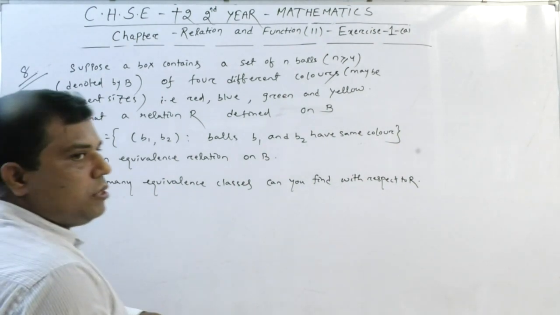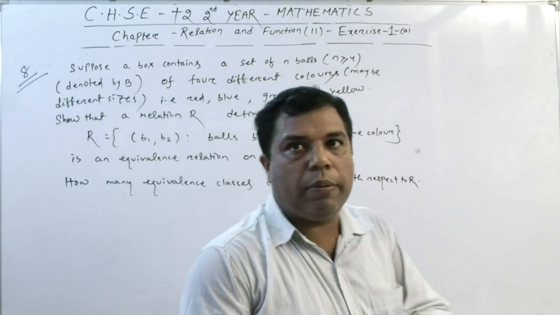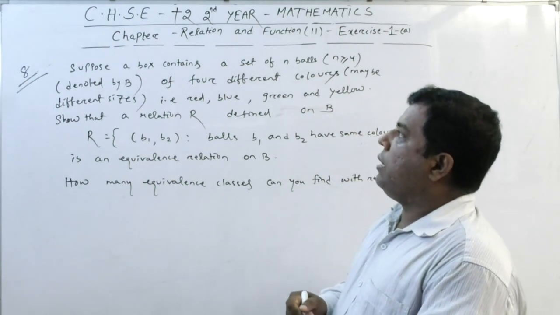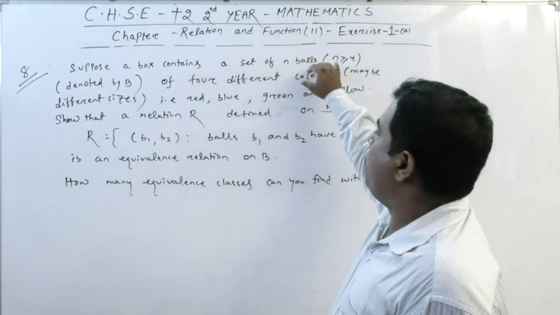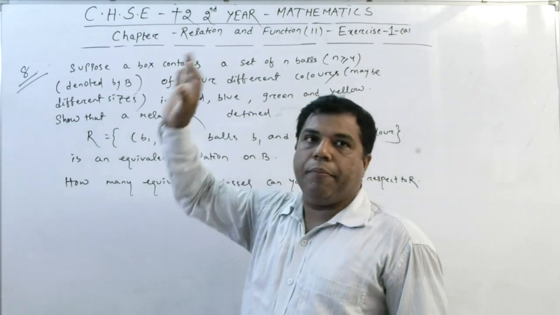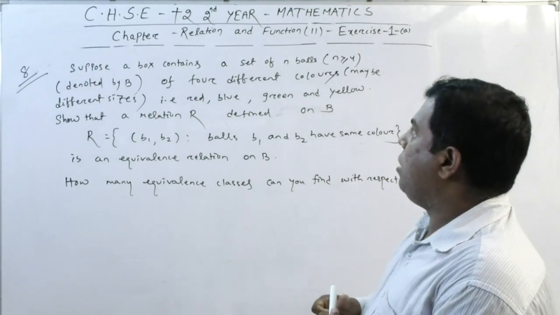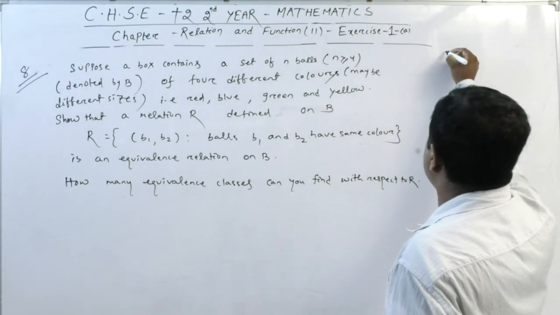Now, my dear students, we are going to discuss this question. The question says there is a box containing a set of n balls which is denoted as B. So B is the set consisting of n balls. I am writing the solution here.